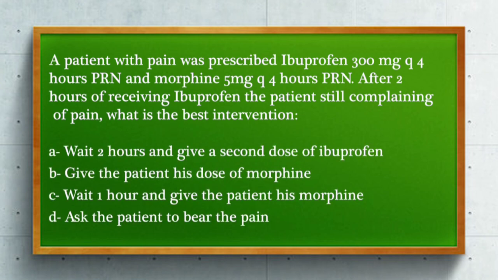A. Wait 2 hours and give a second dose of ibuprofen. B. Give the patient his dose of morphine. C. Wait 1 hour and give the patient his morphine. D. Ask the patient to bear the pain. And the answer: B. Give the patient his dose of morphine.